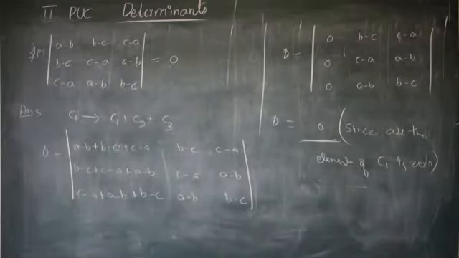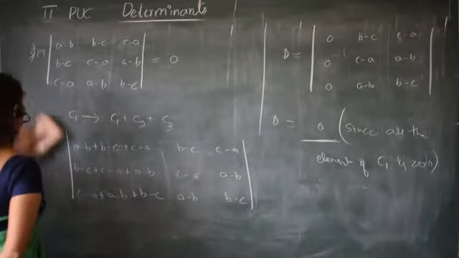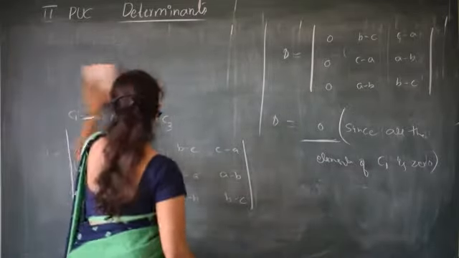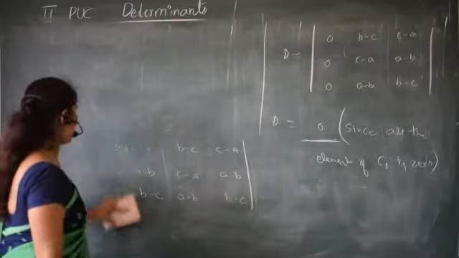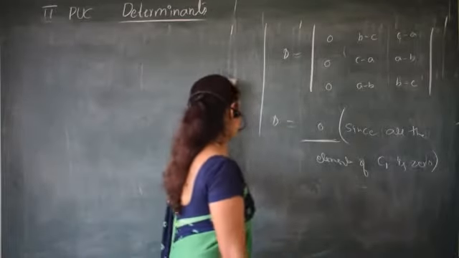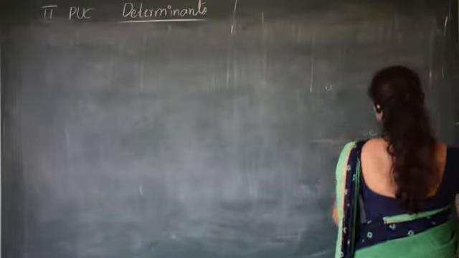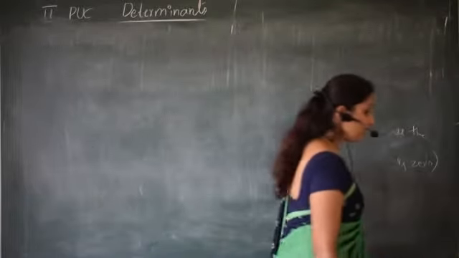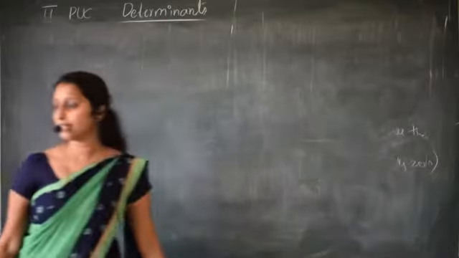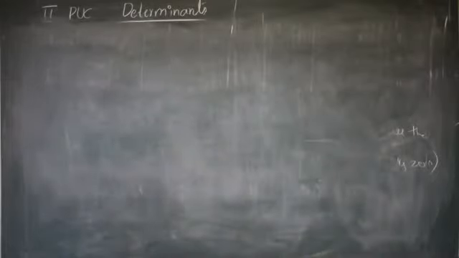So this is one. Next problem. Which property have we used here? When all the elements of any determinant are 0, then the determinant is 0. We have used this property.